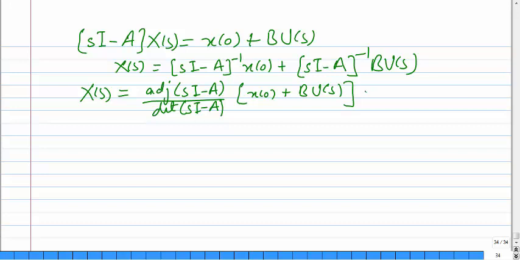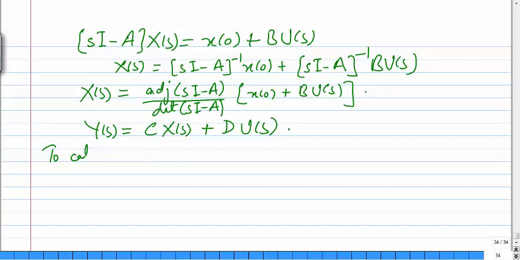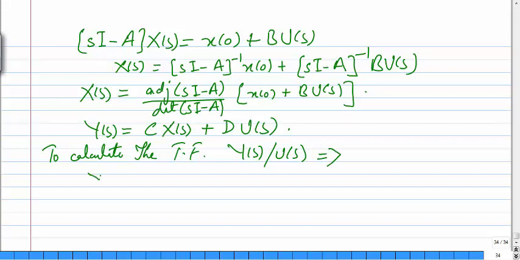Now, as we know that Y(s) is equal to CX(s) plus DU(s). To calculate the transfer function, that is Y(s) divided by U(s), for that we just have to plug in the values here.